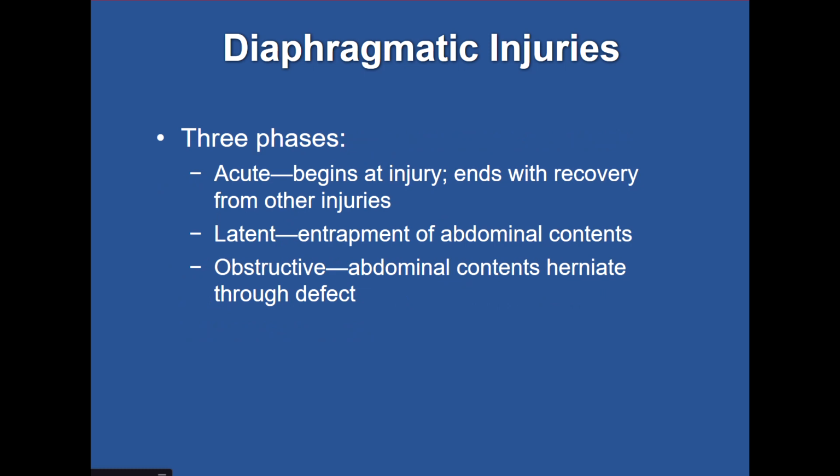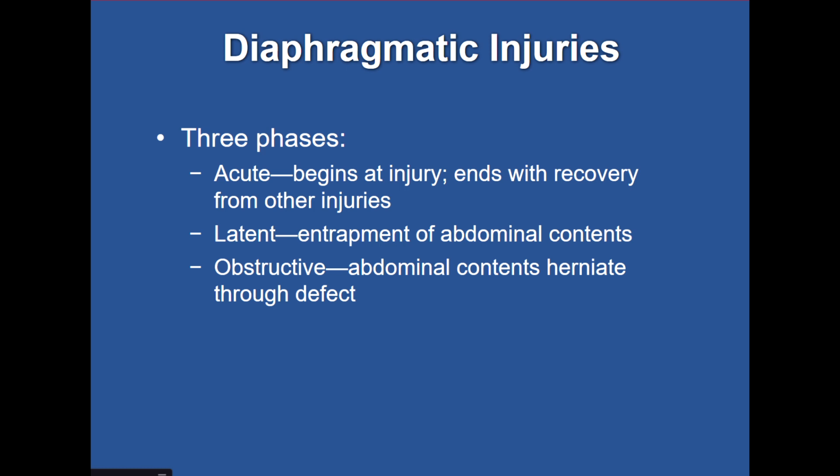So we have different phases of this injury. The acute phase we talk about is the actual injury right when it happens. The latent phase tends to come in after that occurs.